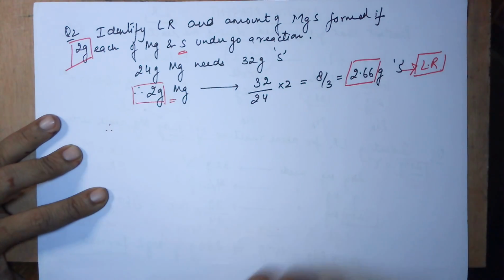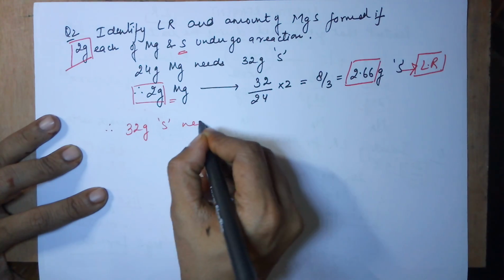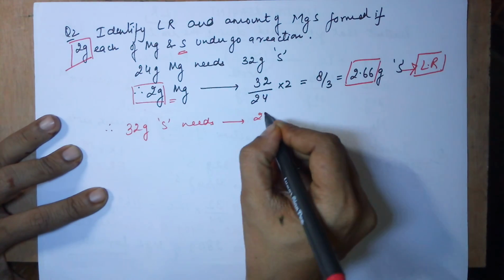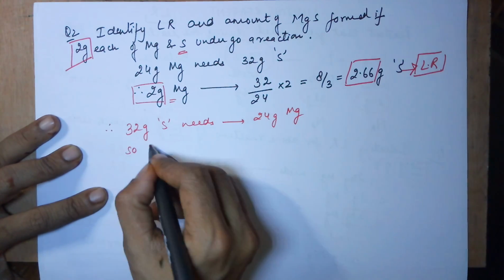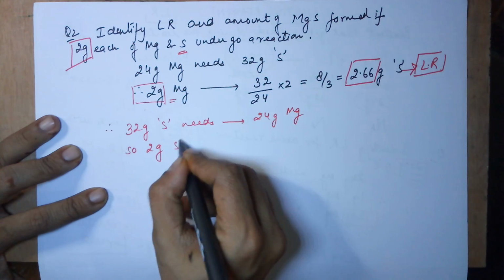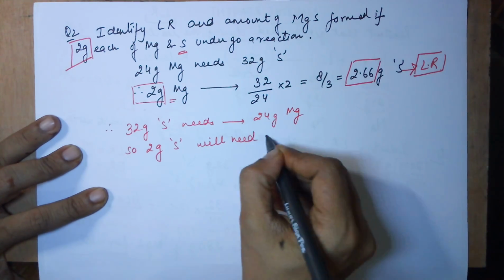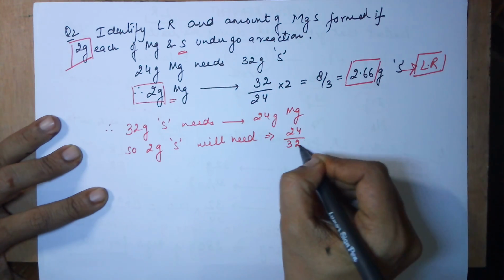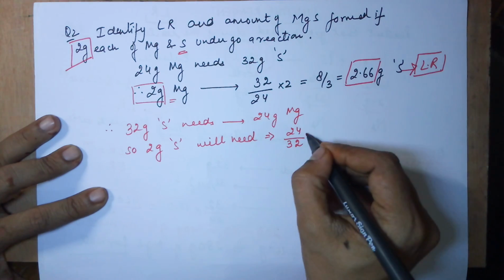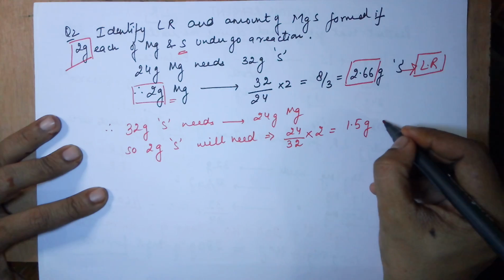Now, working it the other way, 32 grams of sulfur needs 24 grams of magnesium. So, 2 grams of sulfur will need 24 divided by 32 grams of magnesium multiplied by 2, you end up in 1.5 grams of magnesium.